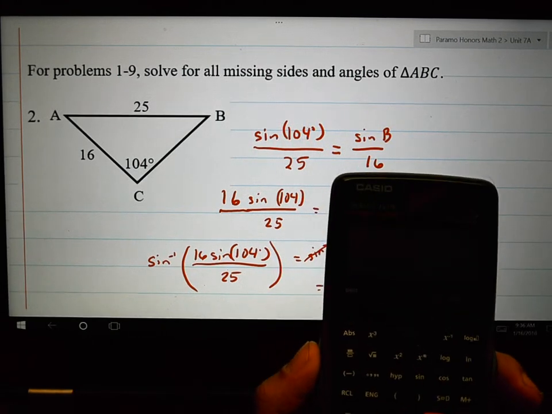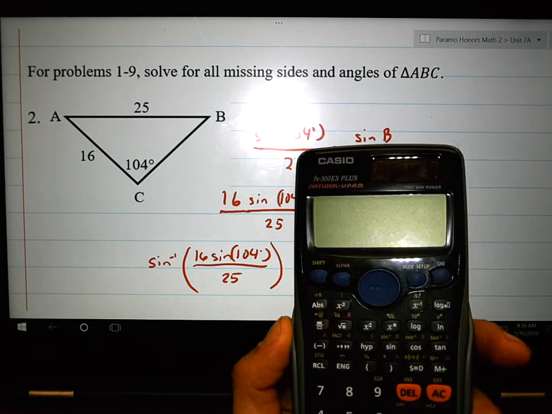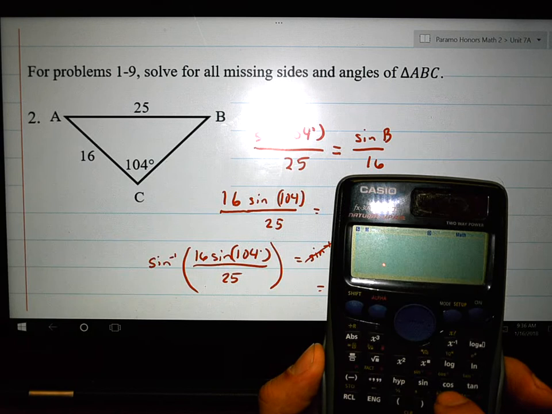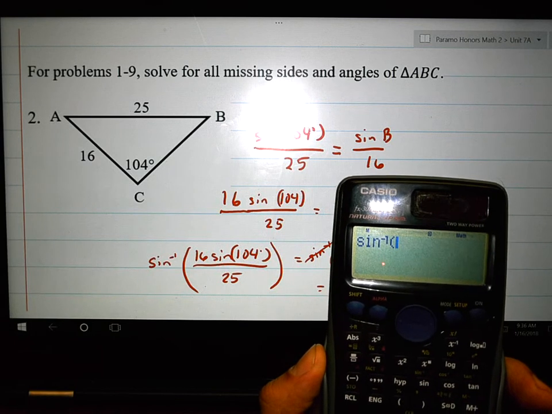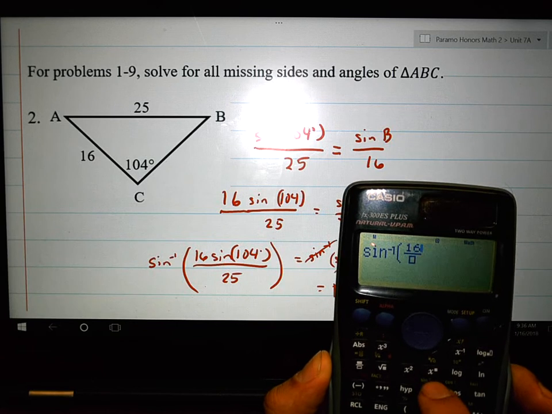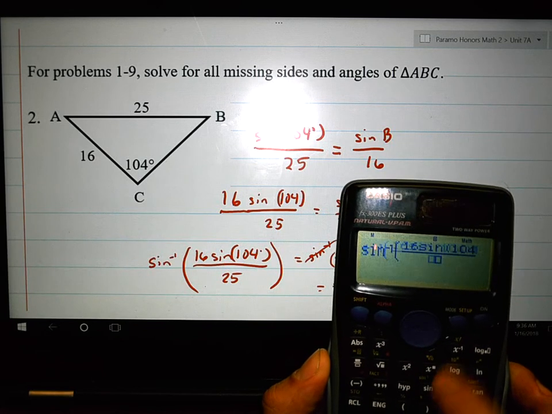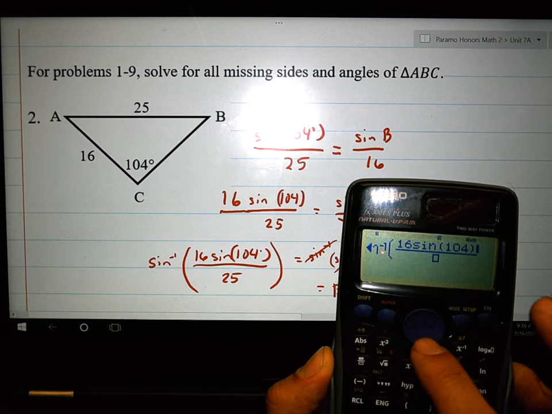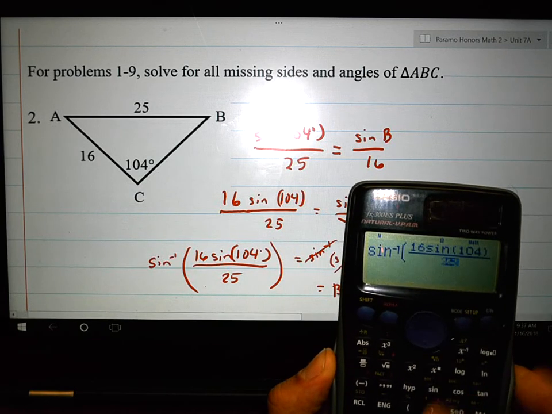I'm going to turn this little light on so you can hopefully see my calculator screen. Inverse sine. If you want to use the fraction button, feel free to do so. 16 sine of 104 degrees. Make sure you put your end of parenthesis in there. Some calculators will give you an error if you don't do that. 25.